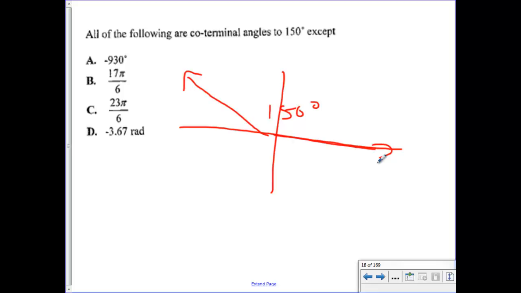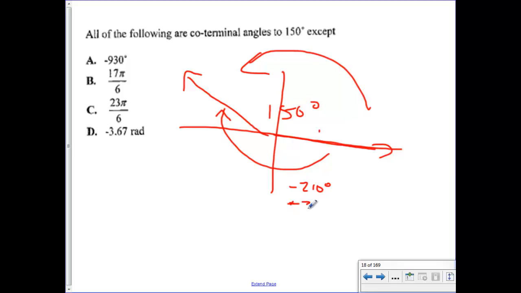Okay, negative 930. Well, we could go backwards around the circle, I guess. So what if you were to, rather than go positive 150 this way, what if you would have gone the other way around? What would that be? It would be negative 210.